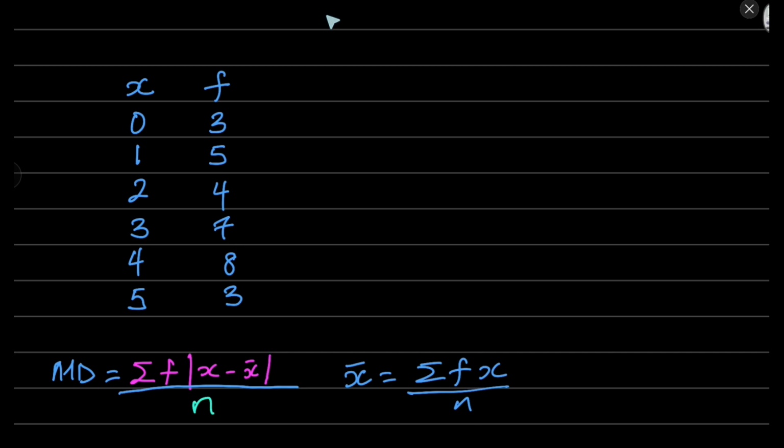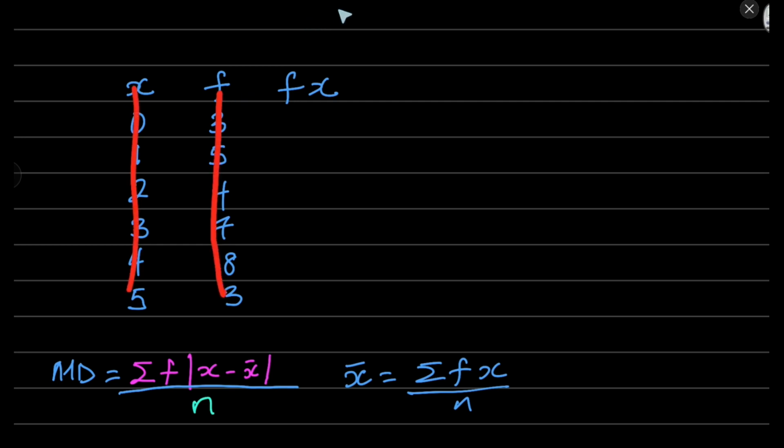So we have our x, we have our f, then we can get our f times x column and fill it up. So this means f times x. These are your x values, these are your f values.